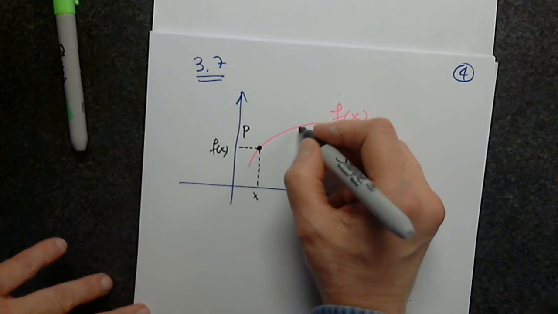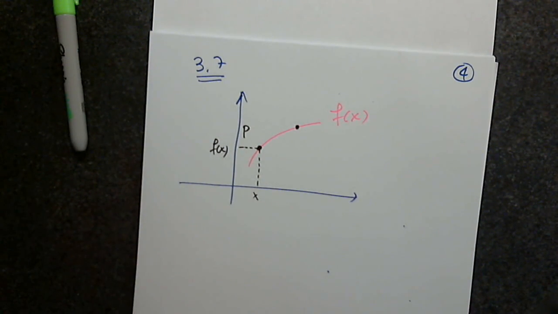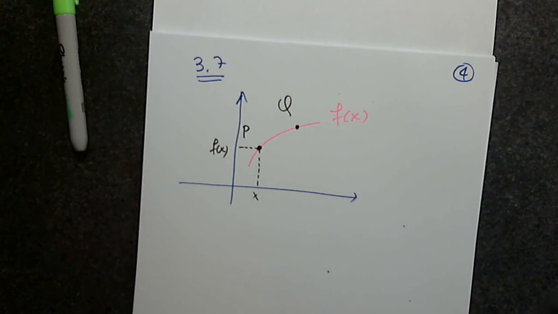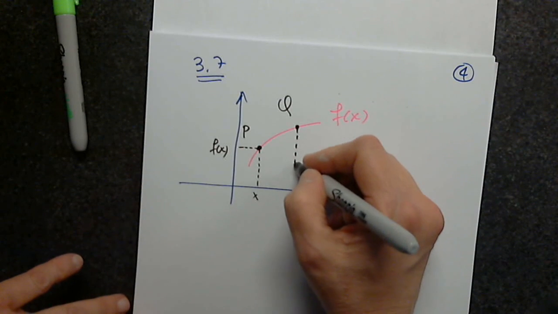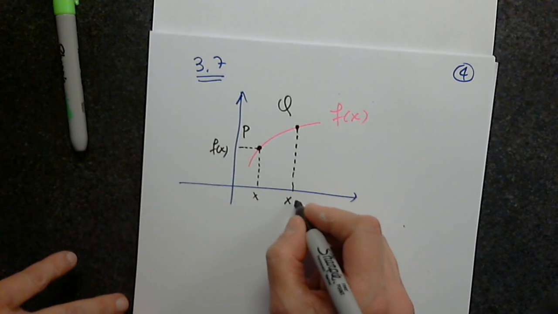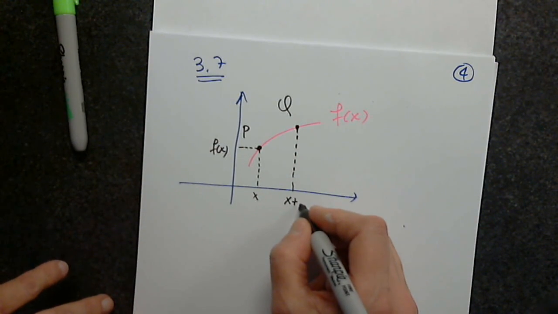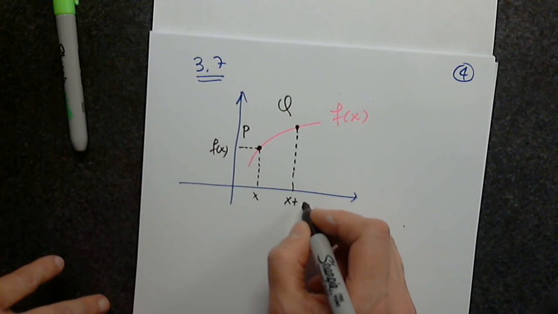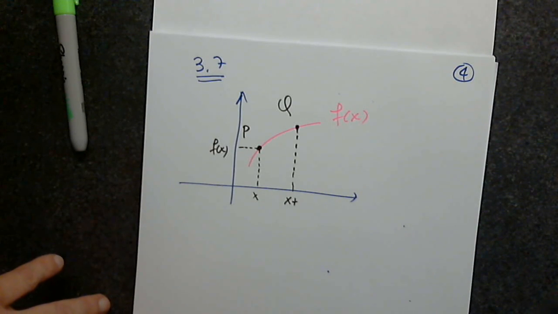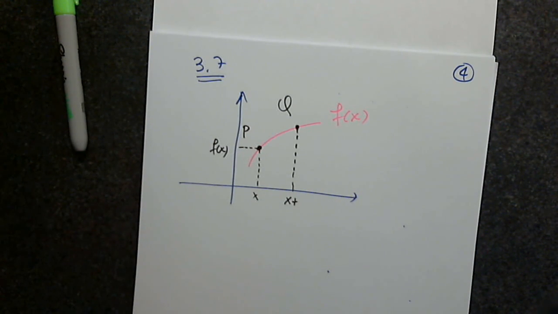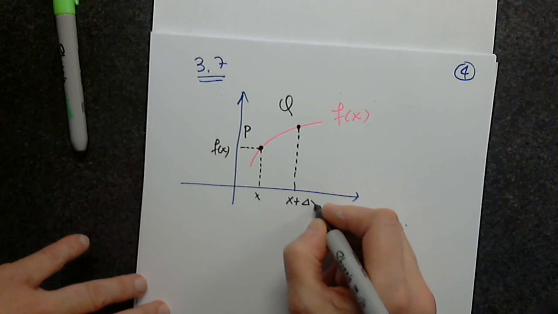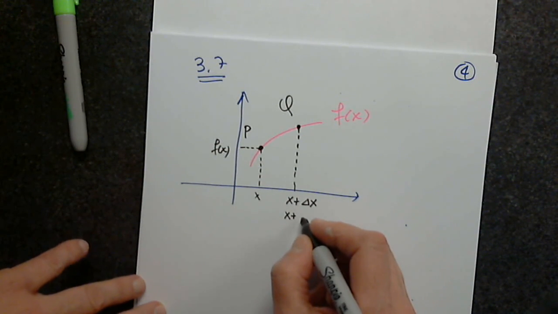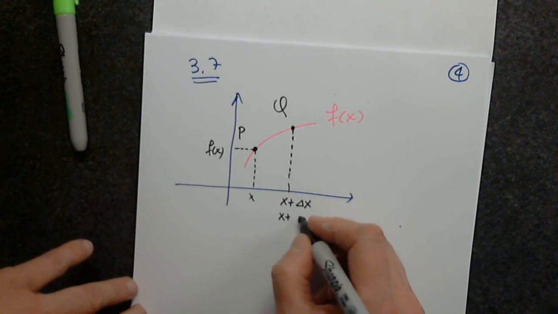And I have another point, let's call it Q. And the coordinates of Q are x plus, instead of tiny h, as we did, it's the same thing, just different notation, bear with me, delta x, or x plus dx.